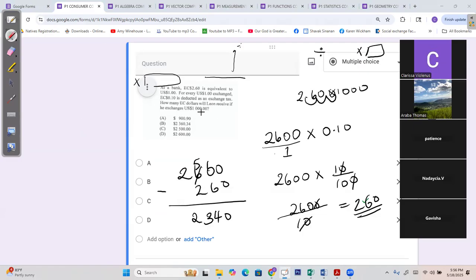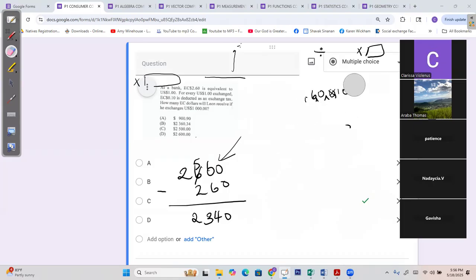But that is 100 US, and 100 US ain't going to be $260. So the mistake for this exam was that they subtracted the US quantity from the EC quantity and put an answer, but that's not correct. Hello? Y'all here?